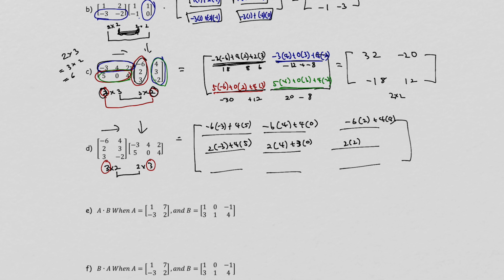This is 2 times 2 plus 3 times 4. And this is 3 times negative 3 plus negative 2 times 5. 3 times 4 plus 2 times 0. 3 times 2 plus negative 2 times 4. So that my matrix will be 2, negative 24, 4, 14, 8, 16, negative 19, 12, and negative 2, right?